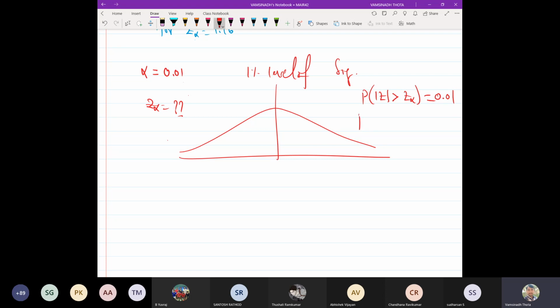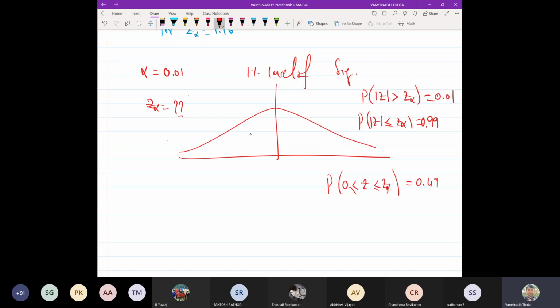So obviously, this is the same as the probability of mod Z being less than or equal to Z alpha, which is 1 minus 0.01, that is 0.99. Since it is an even function, both sides count, and we get the probability that 0 is less than Z is less than or equal to Z alpha is equal to 0.99 by 2.